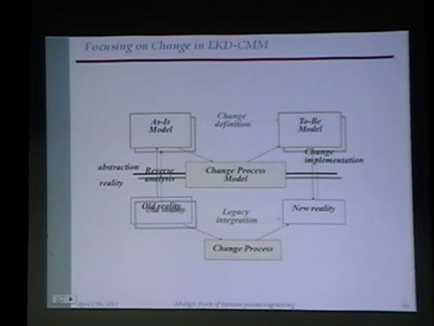So this is the framework that Colette presented to us yesterday: between the as-is model and the to-be model, we explicitly added the change process model, which allows us to represent the alternatives for change. And then the change process consists of executing the model which will be the scenario chosen, in fact, with the business people and IT people.